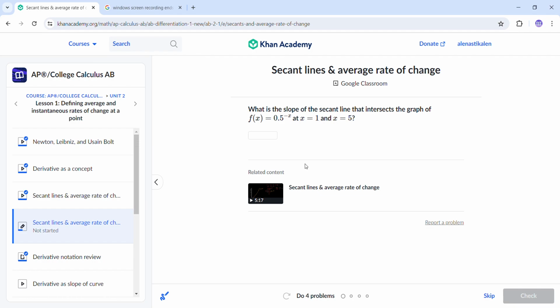So now that we have everything we need, we can get to finding the slope of the secant line. So that would be m equals 32 minus 2 over 5 minus 1, which is 30 over 4.